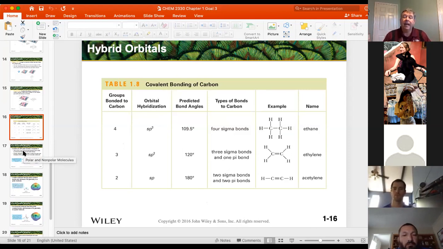If our carbon is sp hybridized, we have 1 sigma bond to each atom on either side, so a total of 2 sigma bonds, and then a total of 2 pi bonds available, like in acetylene, okay? So that is how orbitals hybridize and why our molecules have different shapes with different hybridization.